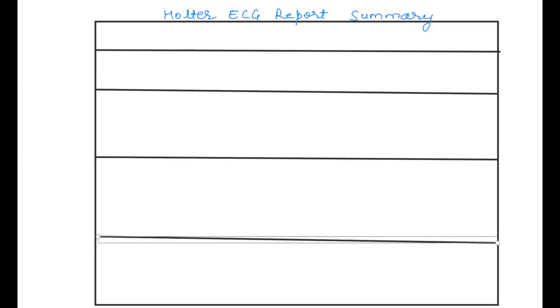Like this. Okay. Now the first thing is name, for example, my name. Phone. And then it will be written over here that this is a Holter ECG report of this person.